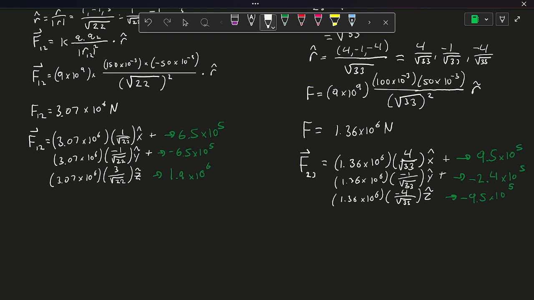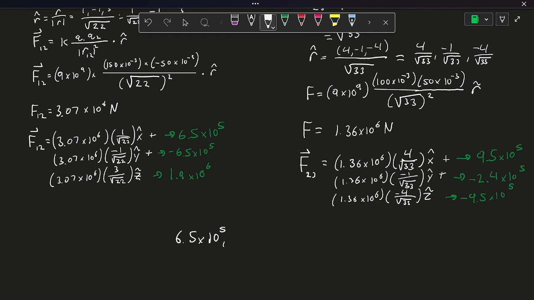So I've gone ahead and calculated each of these values using a calculator because to find our F net, we're going to need to add them together. So our F net is going to be equal to F of 1, 2 plus F of 2, 3. So we're going to take our first x value, 6.5 times 10 to the 5th.